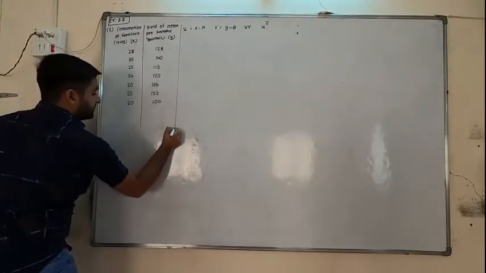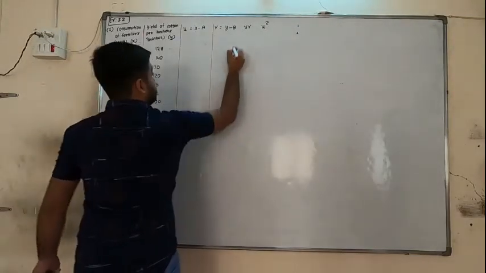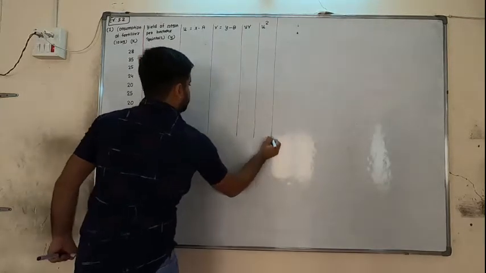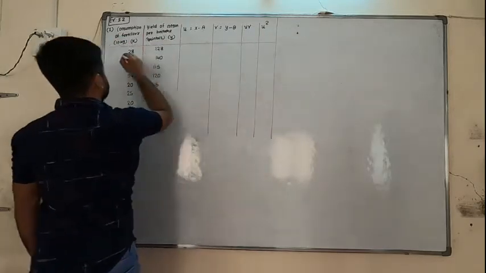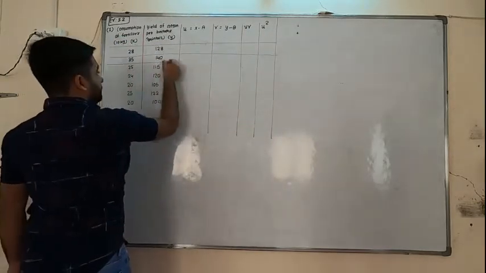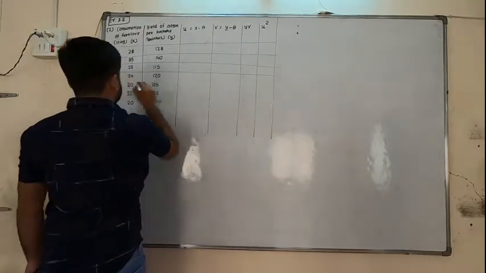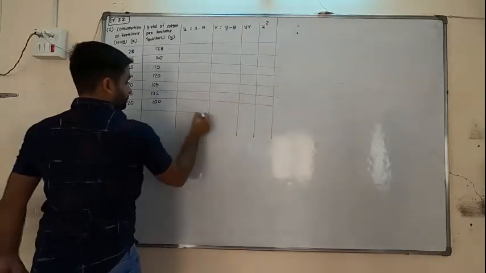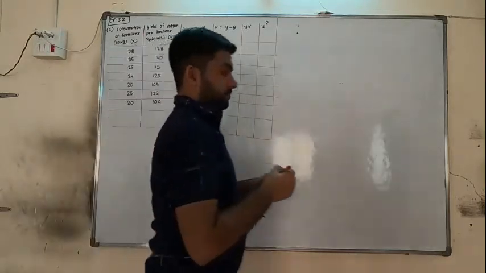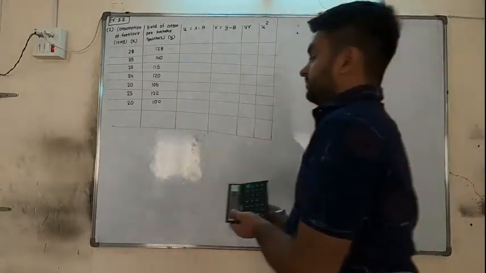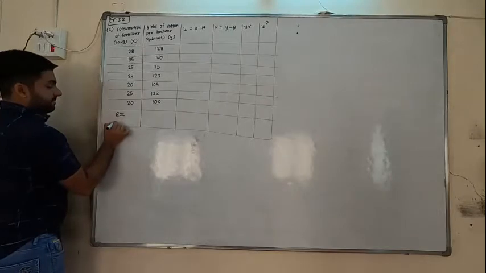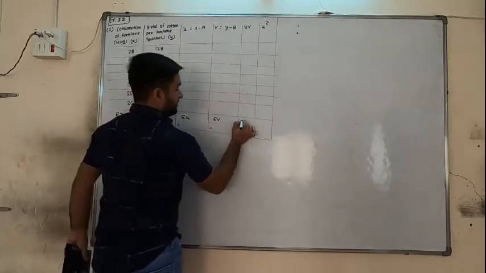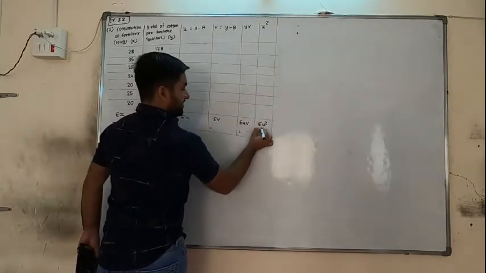So let me draw the columns. We need sigma x, sigma y, sigma u, sigma v, sigma uv, sigma u square.